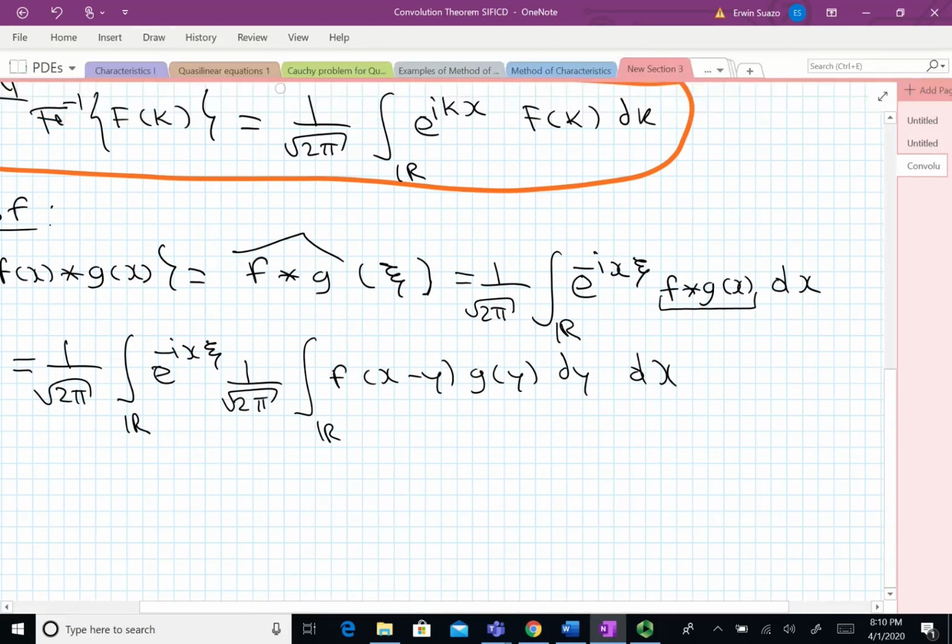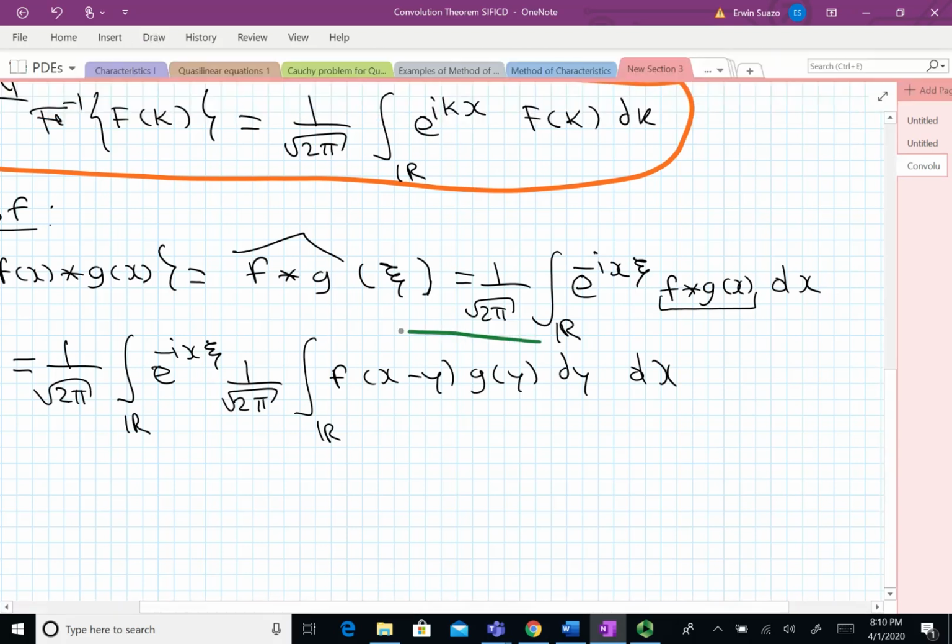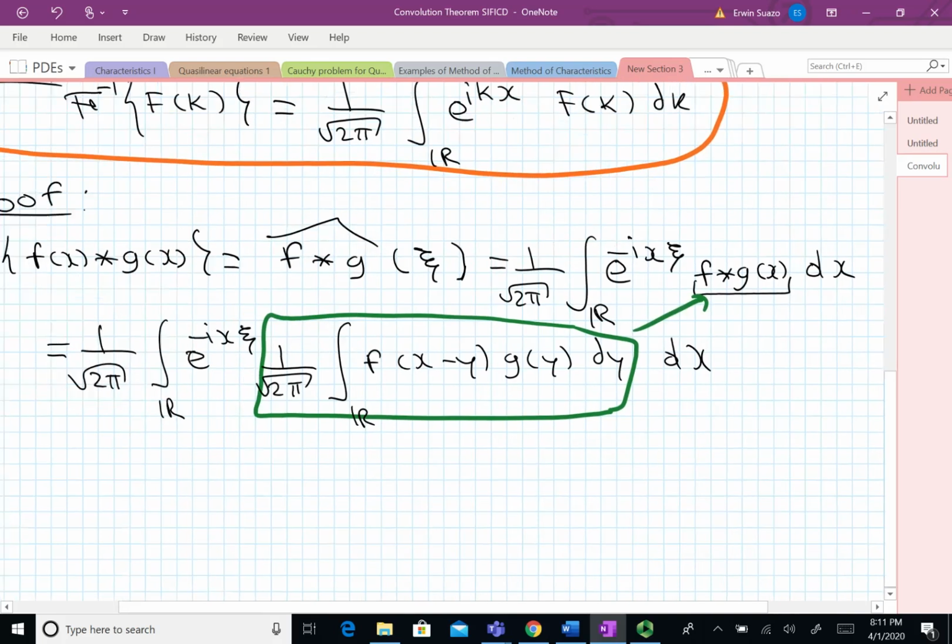This is the definition of convolution. Okay, that's all that I had done.